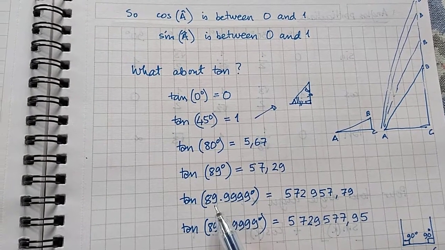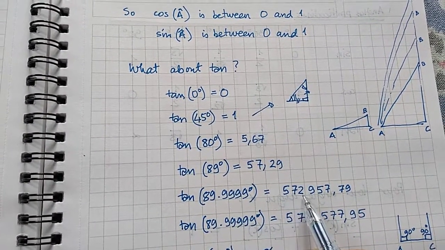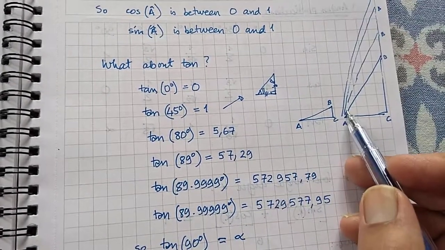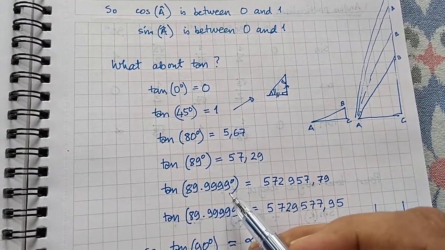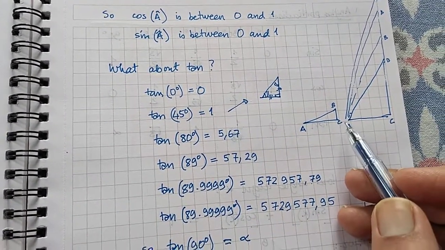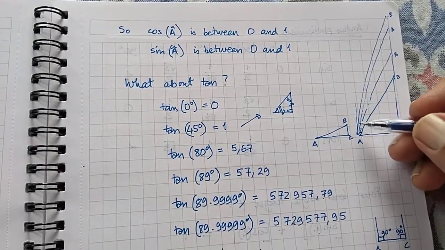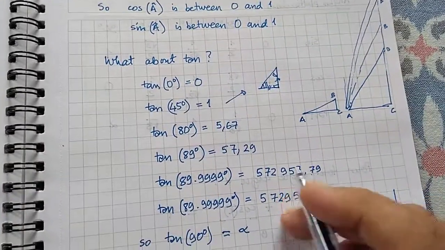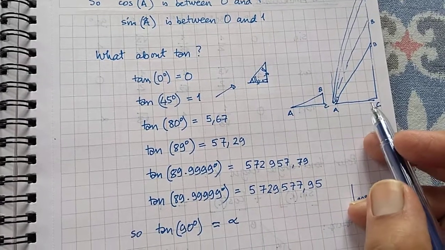So I say 89.9999, I get 572,957. That means if I take this angle as 89.999 degrees, then it will meet very far because it will already be almost vertical. So this line will meet this line at a distance of 573,000 times this distance.